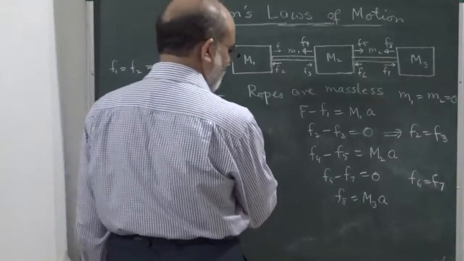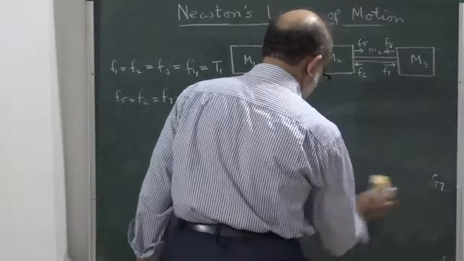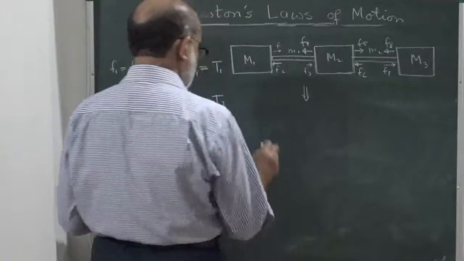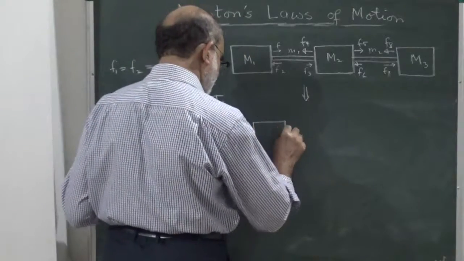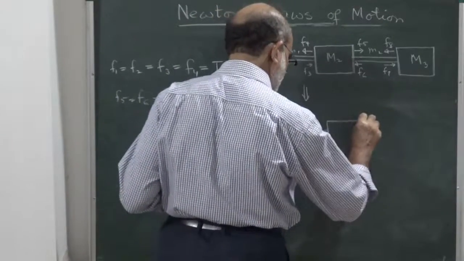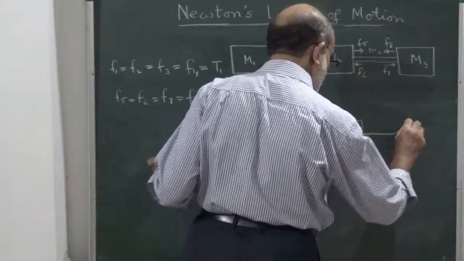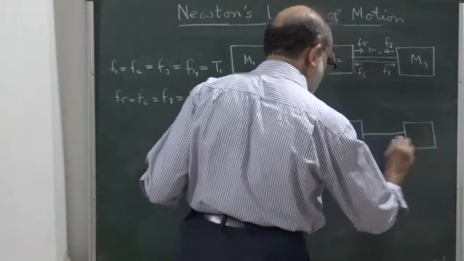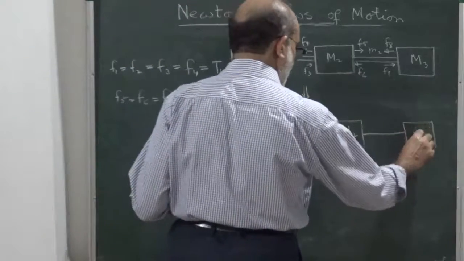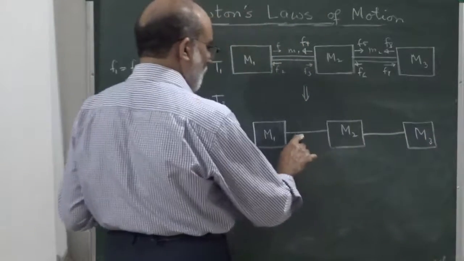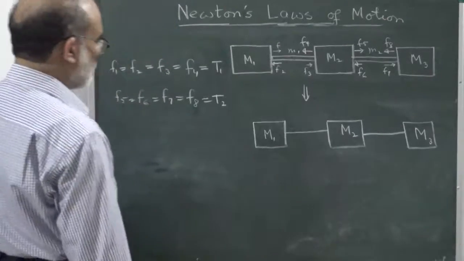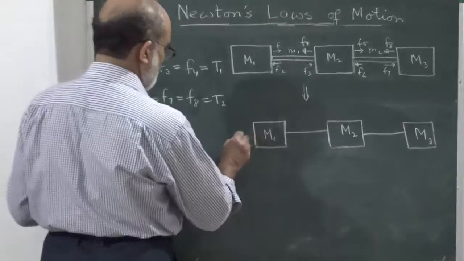Now the picture becomes like this: M1, M2, M3. This has no mass, this has no mass.